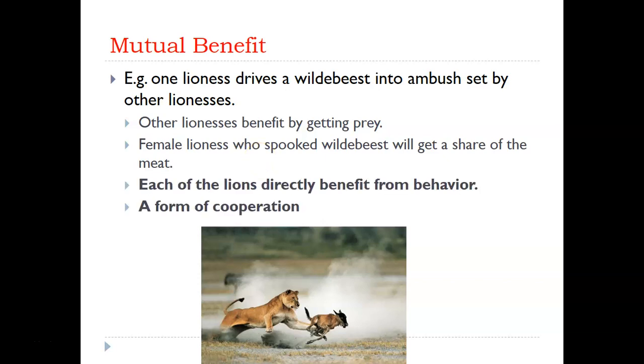So we would call this a mutual benefit situation, or I'm okay with you calling it a mutualism. Sometimes people get pretty picky about definitions of that, but this is a situation where both the donor and the recipient of the behavior are getting a positive benefit from that particular interaction.